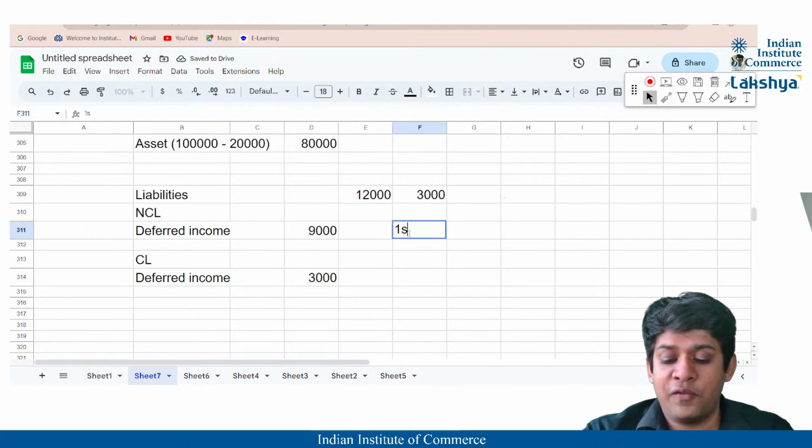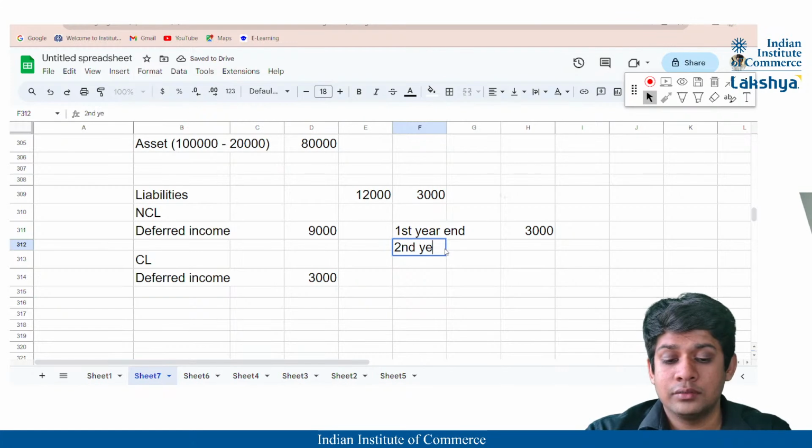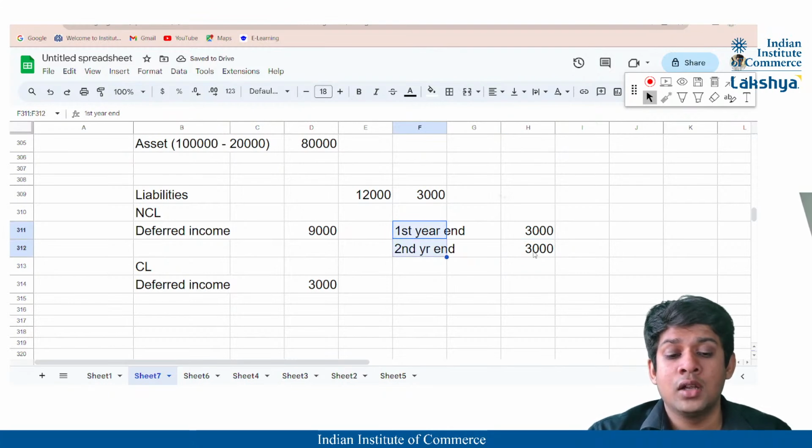Because see, if I'm at the first year end, 3,000 I've already taken to P&L. By the second year end, I will take 3 more thousand to P&L, right? So technically, this 3,000 is settled within a period of 12 months from first year end to second year end, correct?